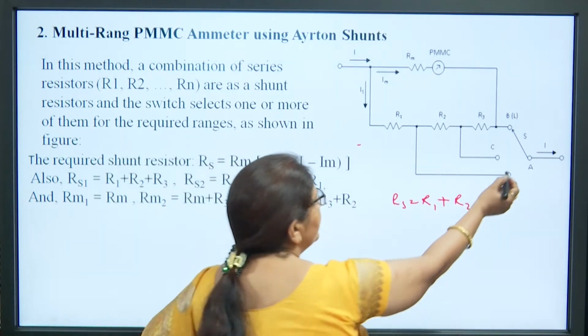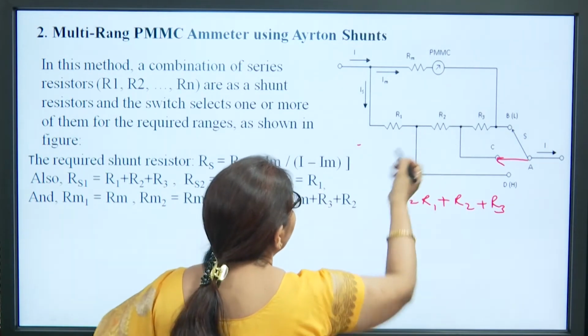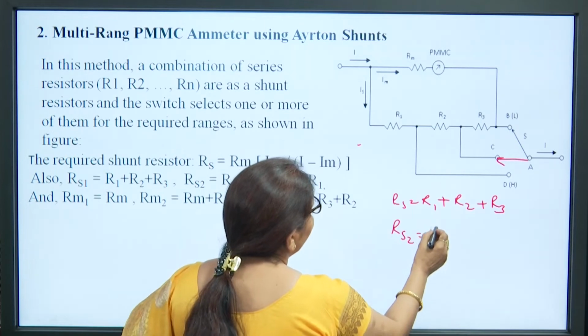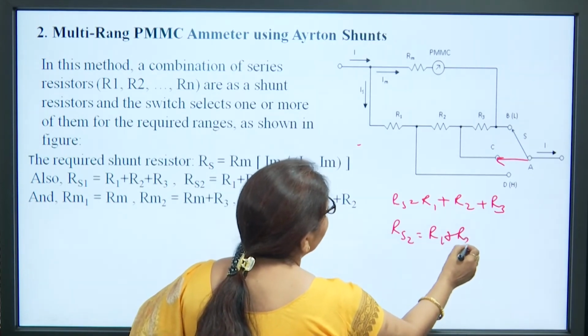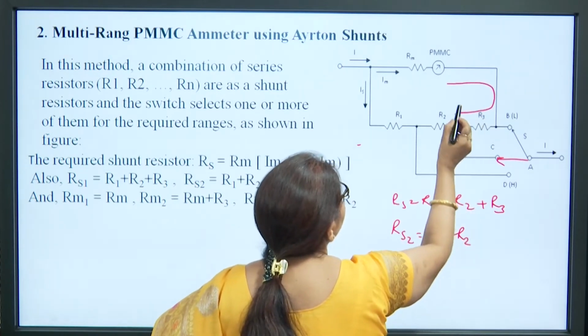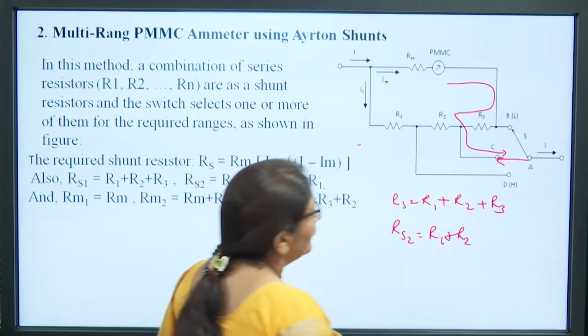When the switch is placed at the second position, Rs2 will be R1 plus R2, but the current is flowing from here. Then if it is placed at this position, the current will flow through this position.